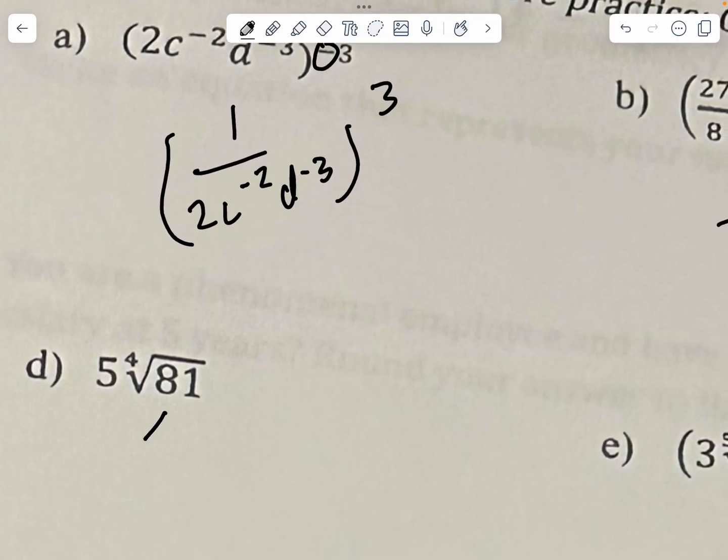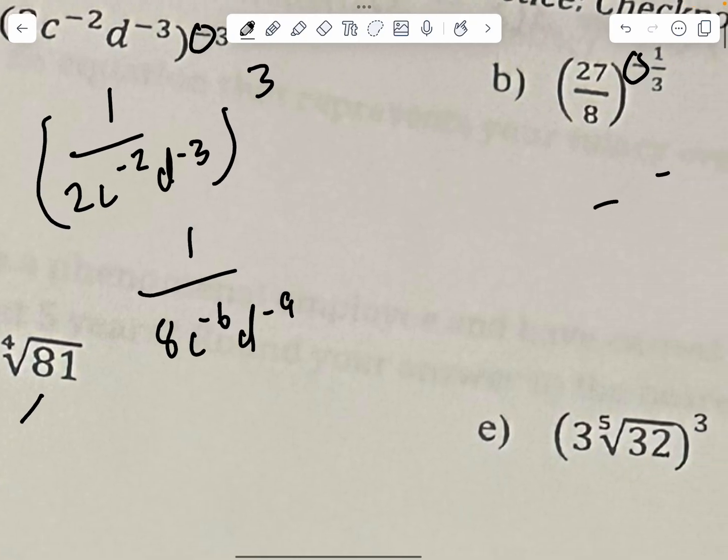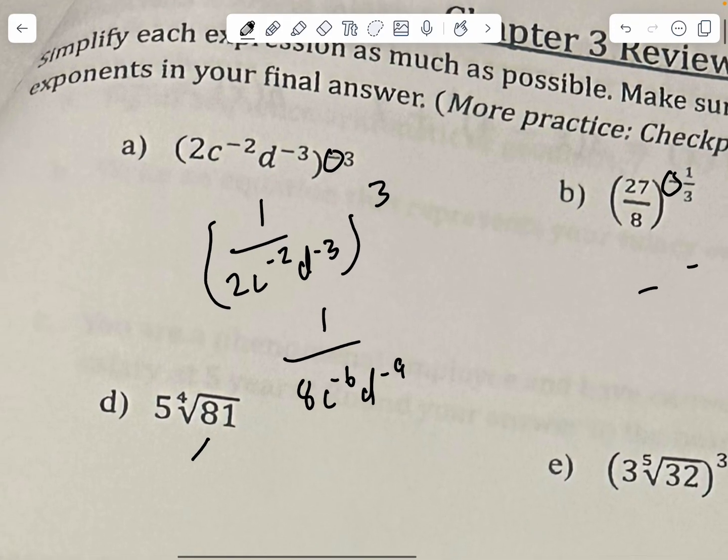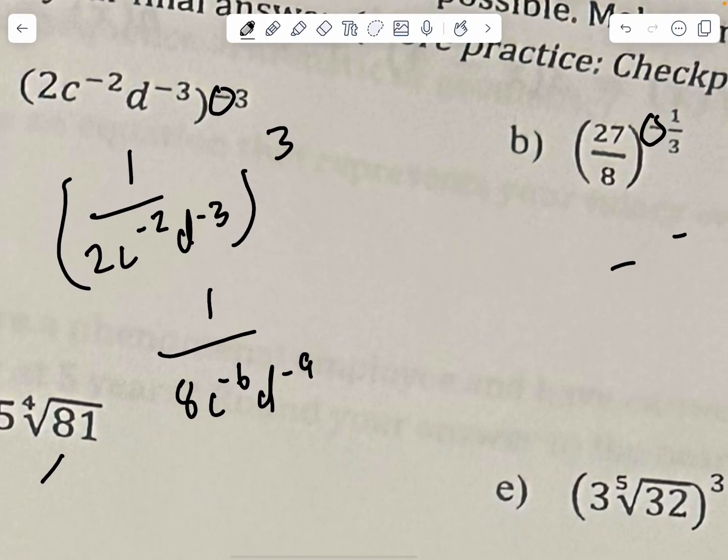Multiply it to the third power, so you're going to have 1 over 8C negative 6, D negative 9. And then the negatives have to go back to the other side. So it's going to be 8C to the 6, D to the 9.